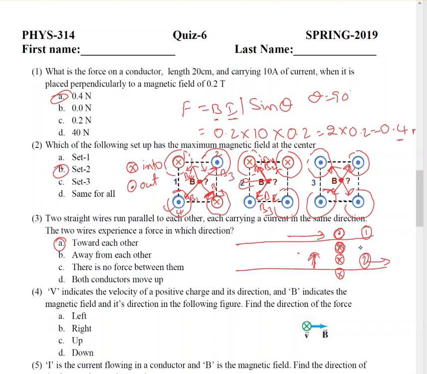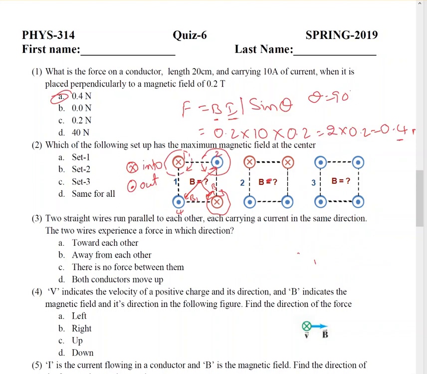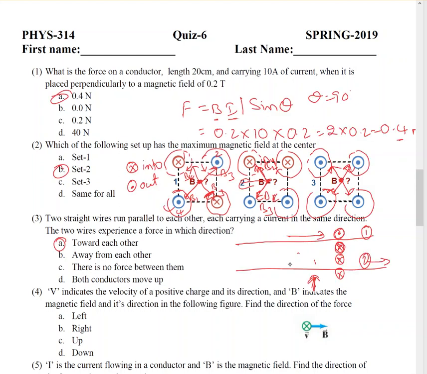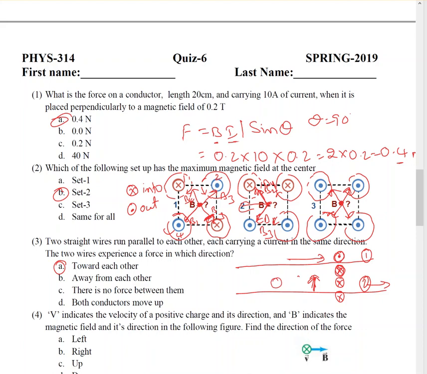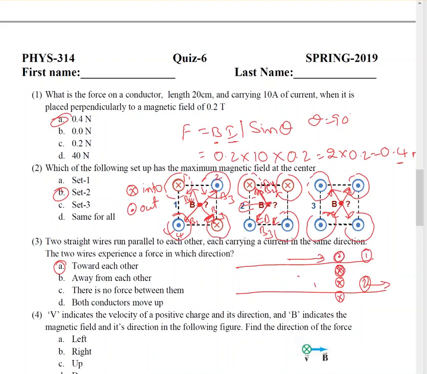Now if we look at the second conductor, because of the current flow in the second conductor, the magnetic field here is coming out of the board, here going into the board. So the first conductor is placed where the magnetic field is coming out of the board and the current is going towards right.